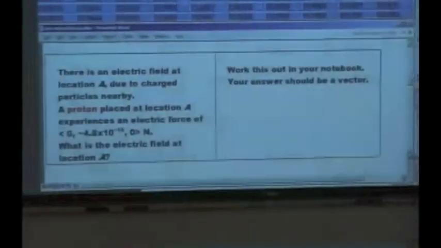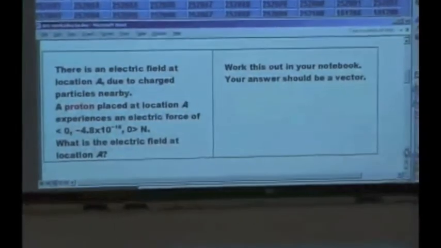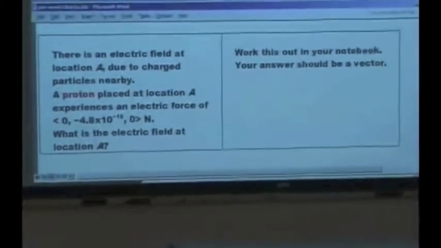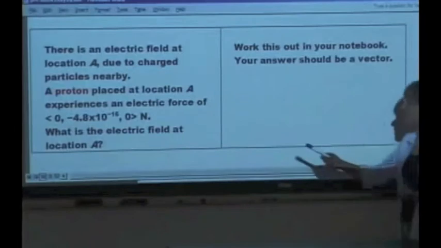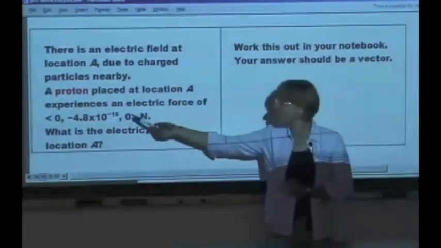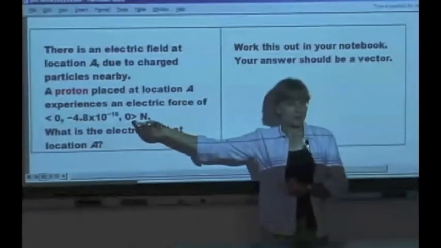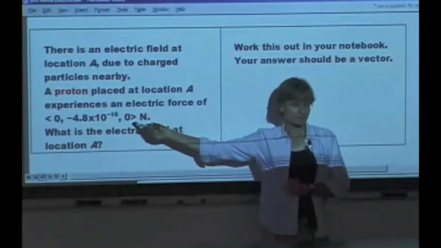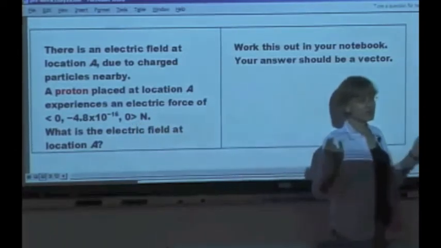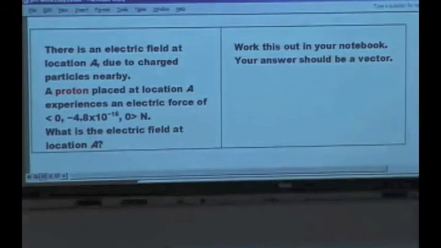Okay, quickly, let's try this one. At some location, location A, there's an electric field, and the electric field is such that when you place a proton at that location, you measure this force on the proton. Okay? Can you figure out as a vector what the electric field is?